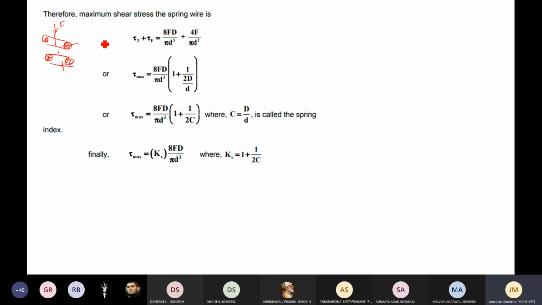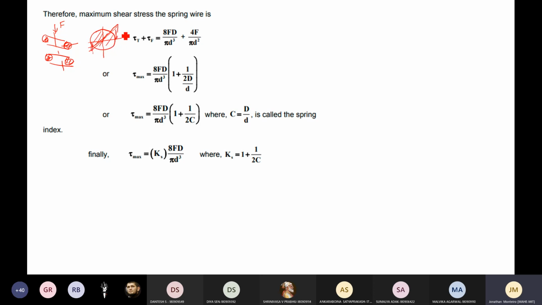That was shown in a graph, how the stress will vary. For example, if you enlarge the cross section of the wire, one variation is like this, and the resultant is somewhat like this, and so on. So this was the shear stress that was involved in the spring.